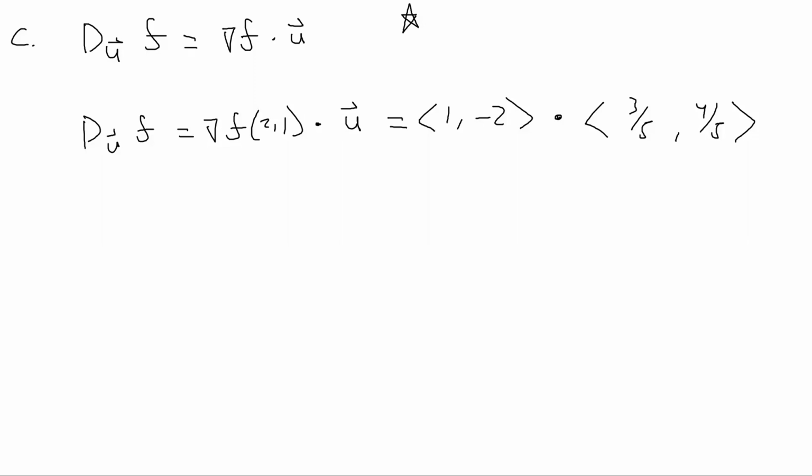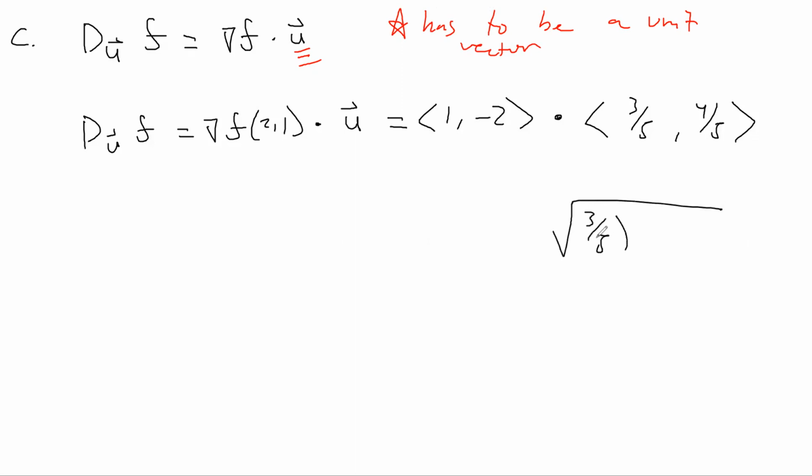One thing before I go on: I want to emphasize that this u vector right here has to be a unit vector. In this case, yes, it does look like a unit vector, because if you take the magnitude, 3/5 squared plus 4/5 squared adds up to 25 over 25.